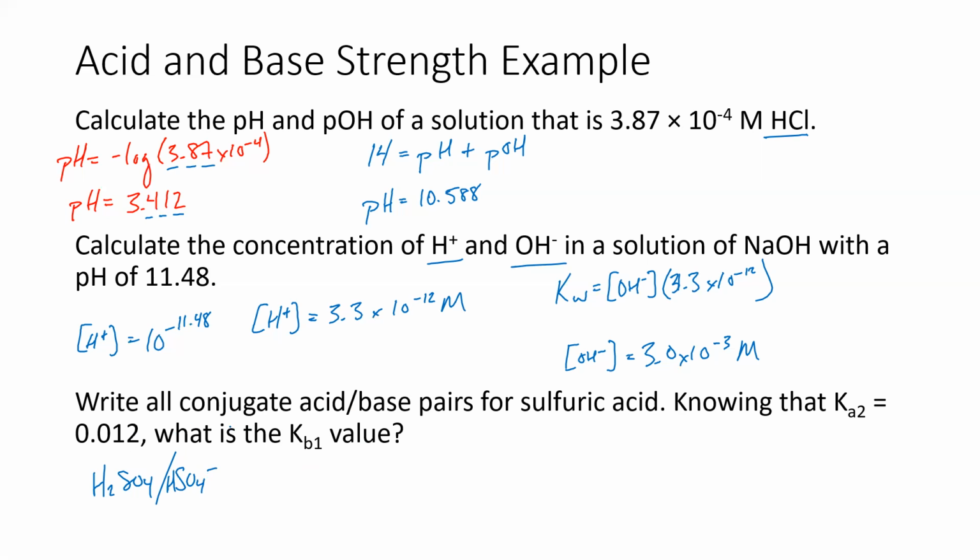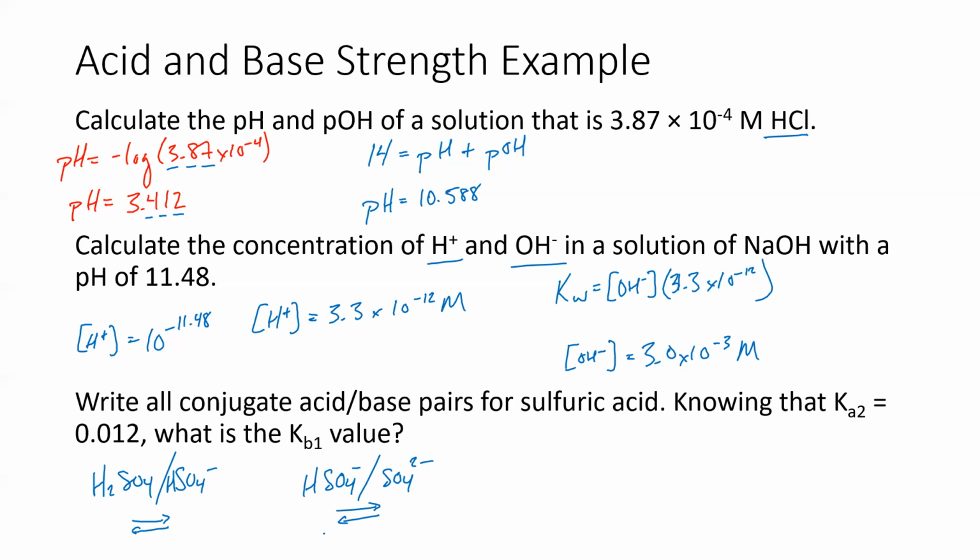And so that still has 1 proton, and so HSO4 minus, what's its conjugate base? SO4 2 minus. That's it. Okay. All right, so these form an equilibrium with one another. These form an equilibrium with one another.